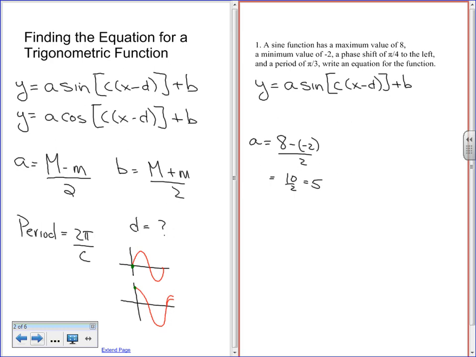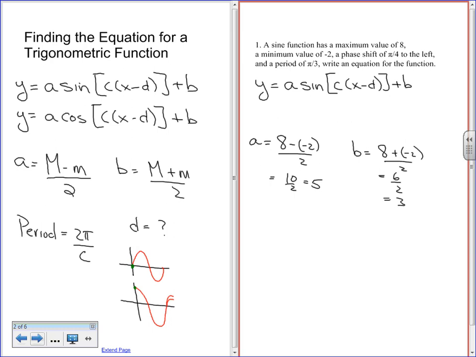So that's my A value. My B value is 8 plus -2 divided by 2, which is 6 divided by 2, which is 3. Any questions on identifying the A or the B values? Because it's pretty much straightforward. You just have to remember these formulas.